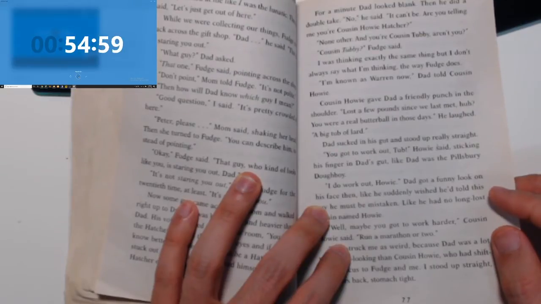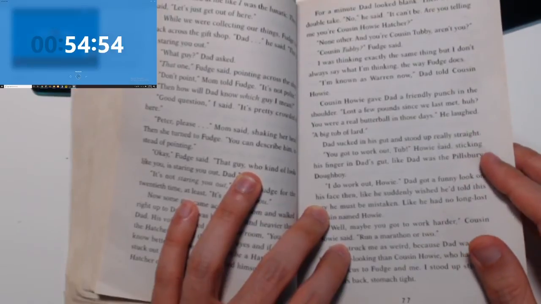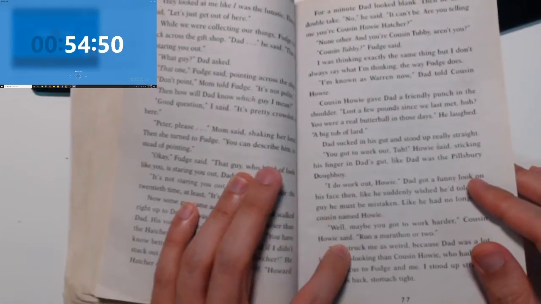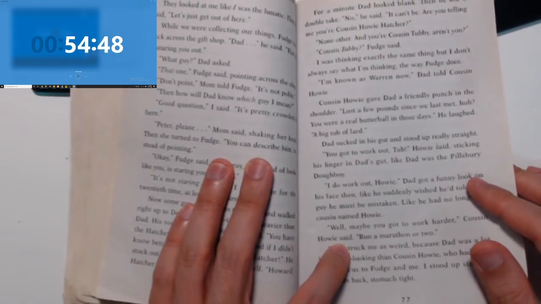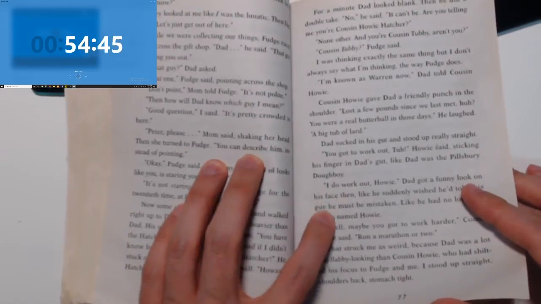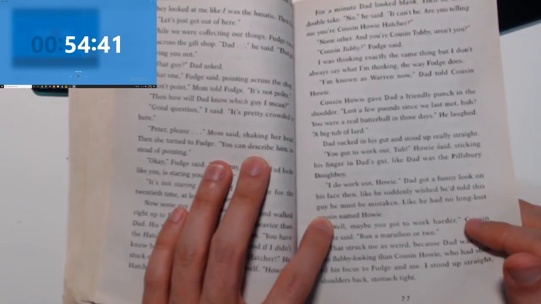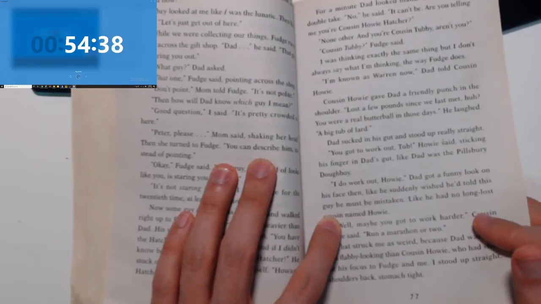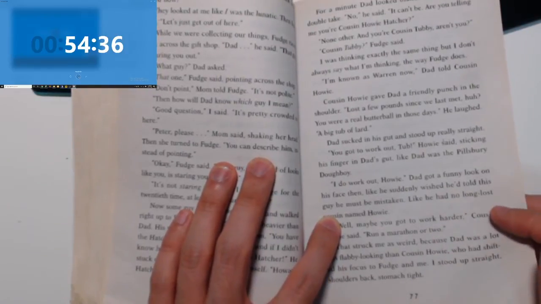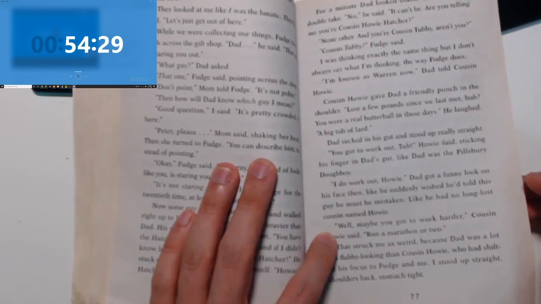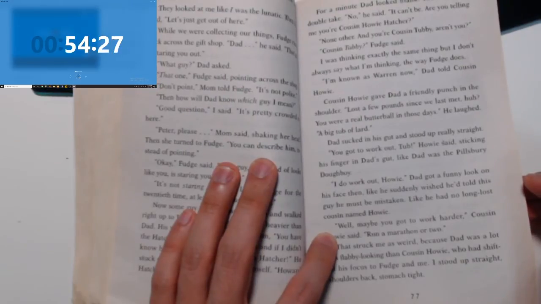You got to work out that tub, Howie said, sticking his finger in Dad's gut like he was the Pillsbury doughboy. I do work out, Howie. Dad got a funny look on his face then, like he suddenly wished he'd told this guy he must be mistaken, like he had no long-lost cousin named Howie.